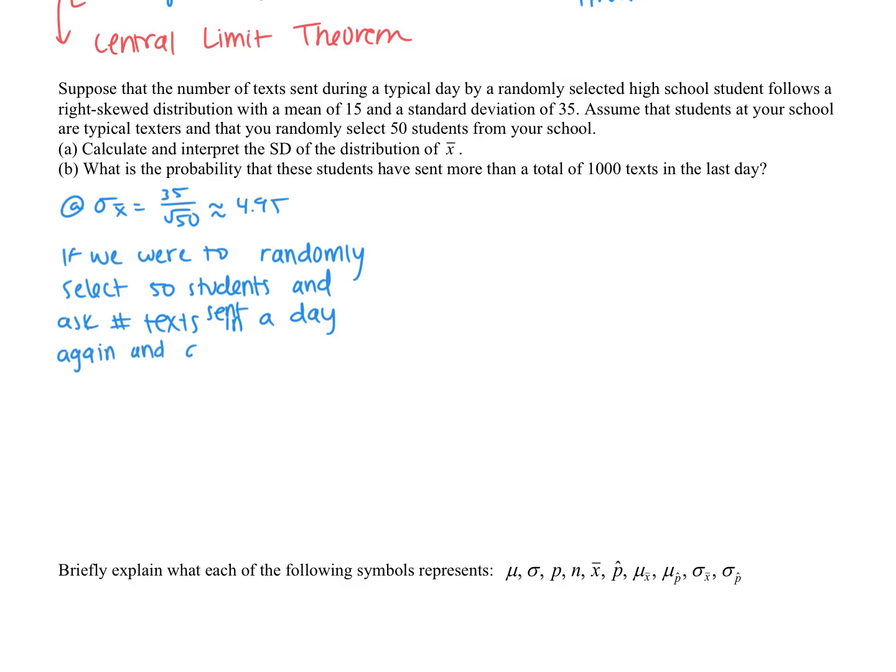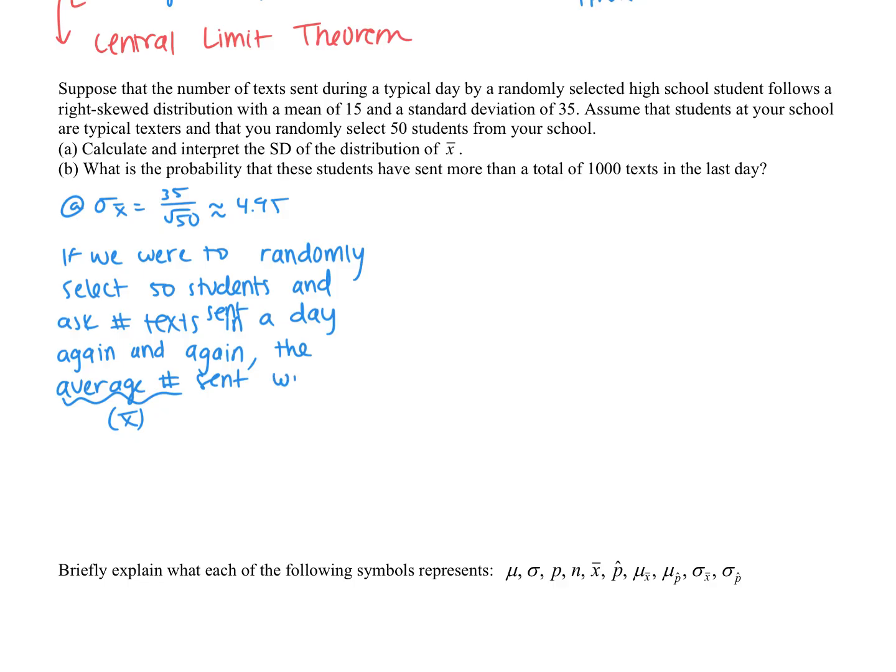Does that make sense? Like I'm selecting 50 students again and again? Many times. Sure, many times. The average number sent, and this average number sent, that's X bar. So that is the mean of just that sample.